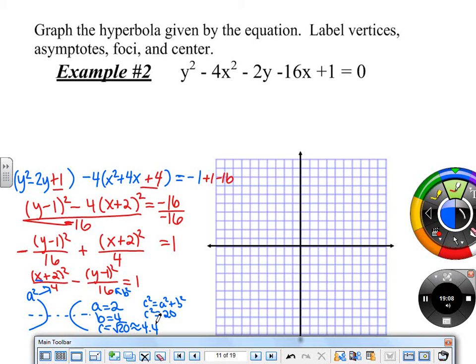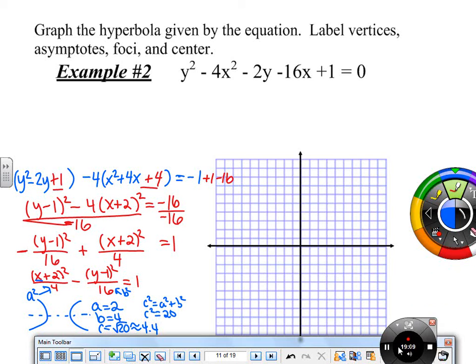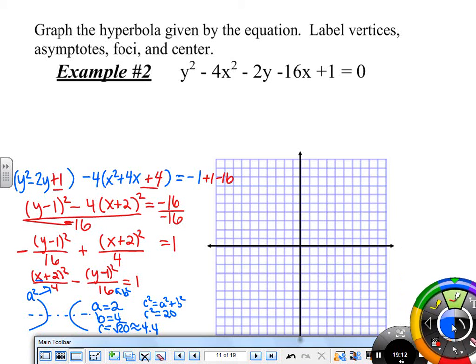So all of this information I'm going to try to put on my graph and record what I need to know. So from my equation, my center, my h and my k values would be negative 2, 1. So my center is negative 2, 1. I'm going to go ahead and plot that.